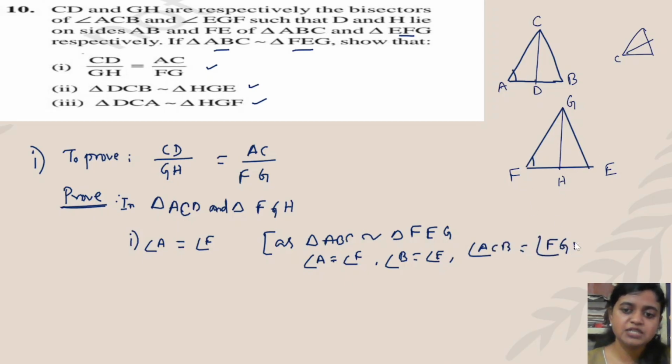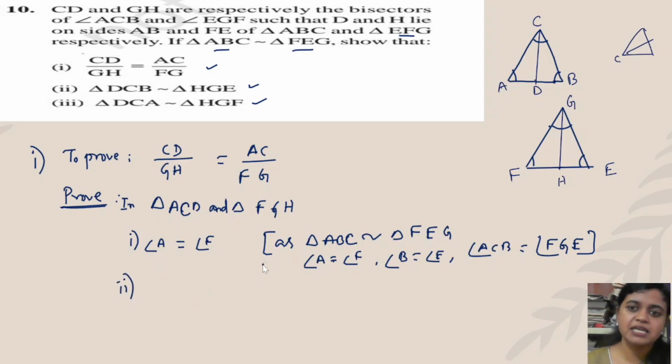Yes or no? Yes. If ABC and FEG are similar triangles, then this angle equals this one, and this angle equals this angle also. I hope you are clear. So angle A equals angle F, and we write this as the reason. We have to write the reason also.